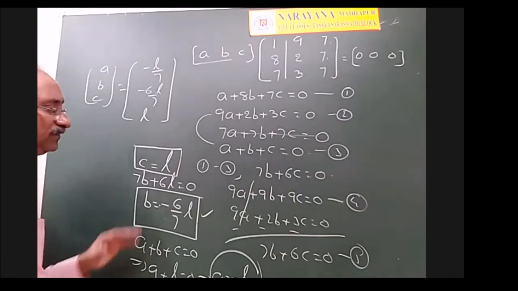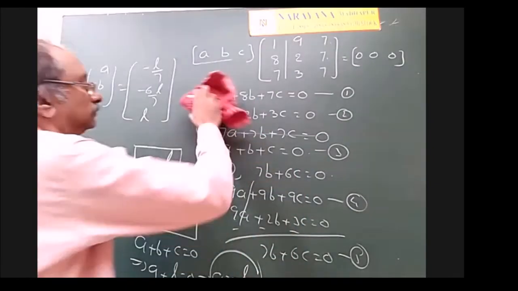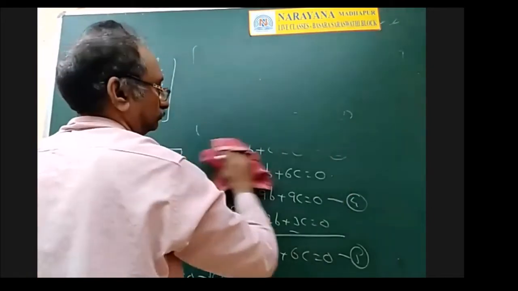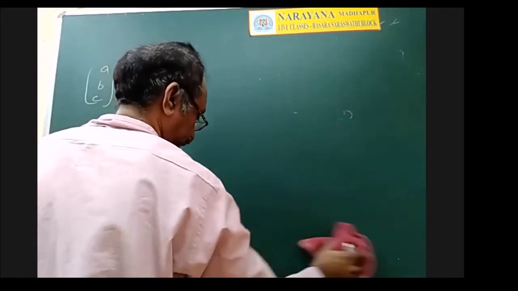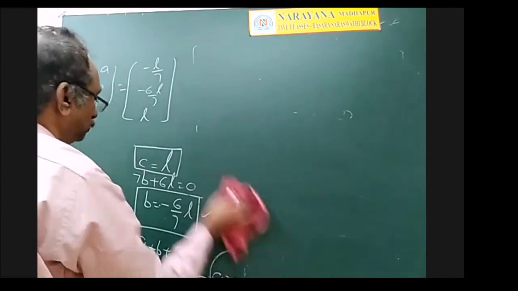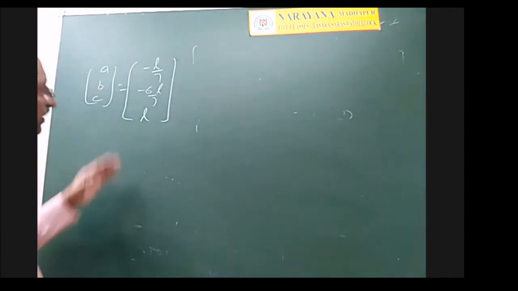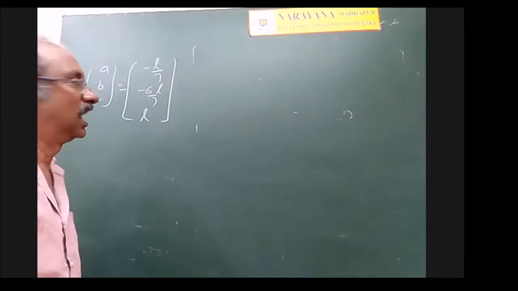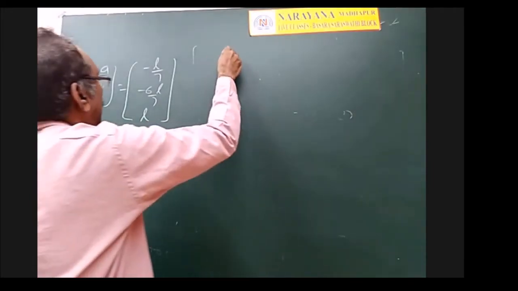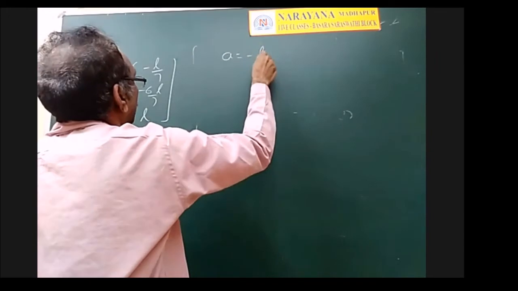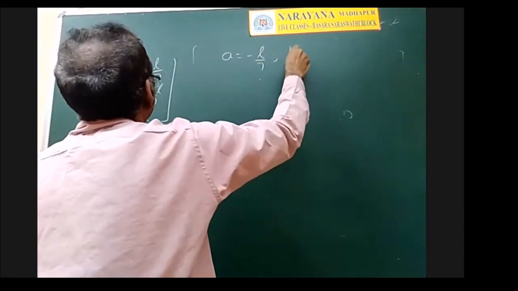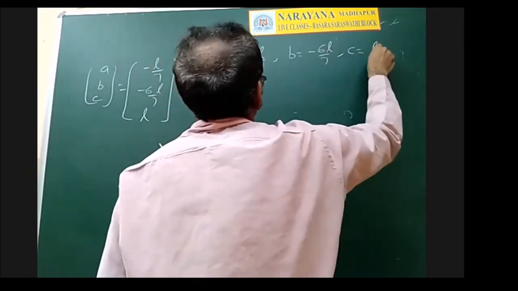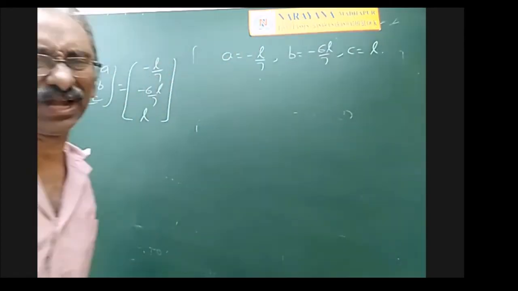So we are ready with that infinite solution. So what are the solutions? This one. But it seems to be awkward because there are fractions. I will do one thing. See, A is equal to minus L by 7, B is equal to minus 6L by 7, C is equal to L. So I don't like fractions.